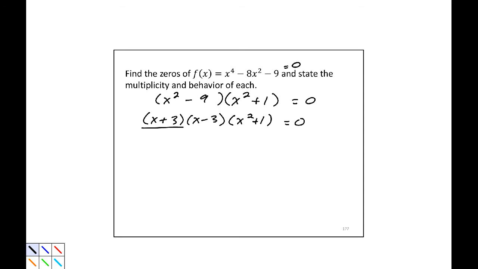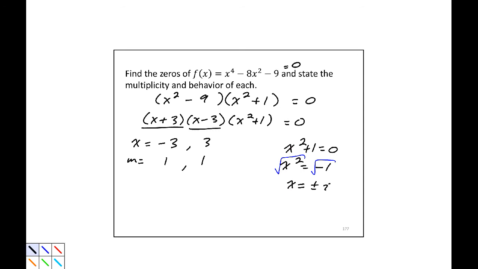This first factor shows us that x equals negative 3 with a multiplicity of 1. The second factor shows us that x equals 3 with a multiplicity of 1 again. That's just an x to the first. Now the third factor doesn't tell us any real zeros, because if I take x squared plus 1 and set it equal to 0, this would mean that x squared equals negative 1, and the square root of negative 1 is plus or minus i.